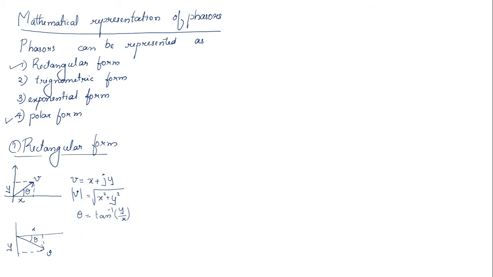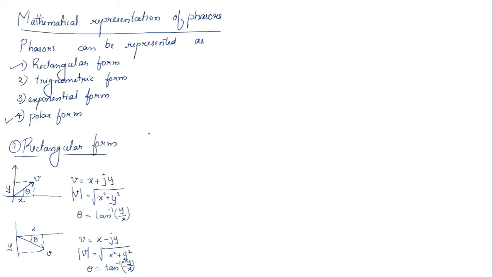Now this phasor V can be represented as x minus jy, and this voltage magnitude can be represented as root of x square plus y square, and theta can be represented as tan inverse of minus y by x.